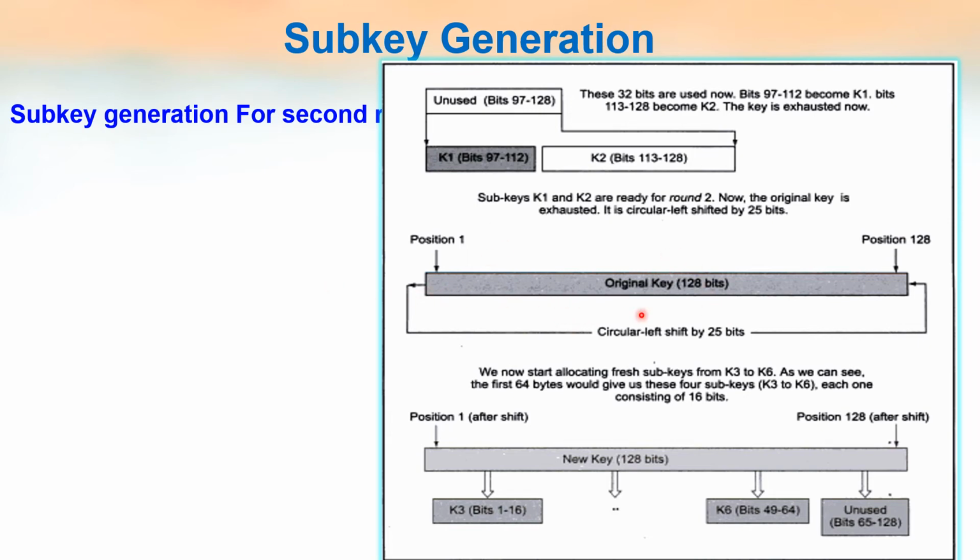Taking 4 subkeys means 4 into 16, which is 64 bits. After taking 4 subkeys from these 8 subkeys, the unused keys will be 4 again. These 4 subkeys will be given to the next round. So like this it continues.